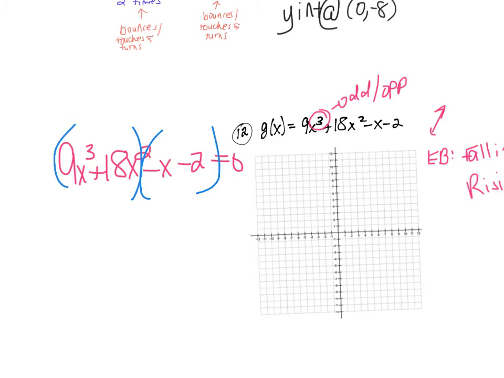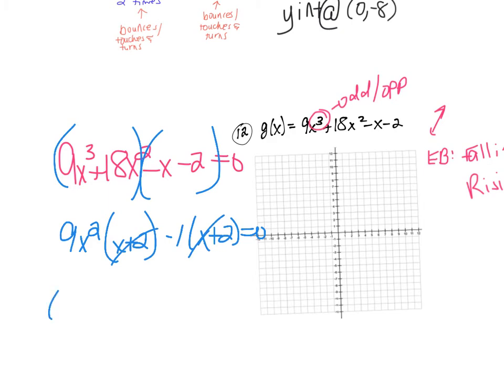What do I have in common between 9x cubed and 18x squared? 9x squared. What am I left with? x plus 2. Good. What can I take out of negative x minus 2? Negative 1, and I'm left with x plus 2. So I rewrite my x plus 2 one time, because that's my new GCF.